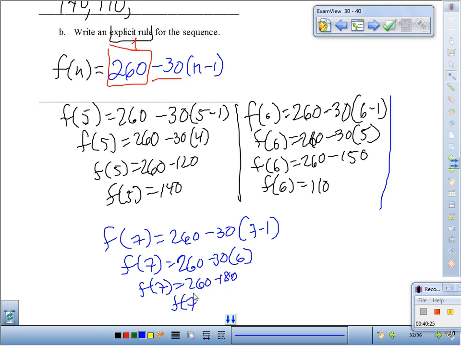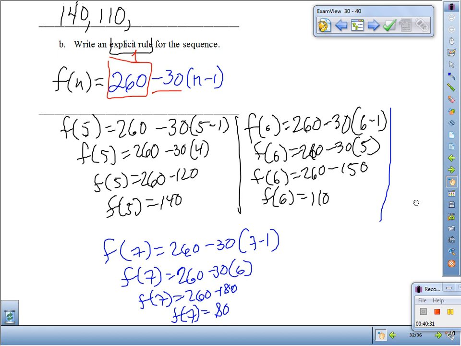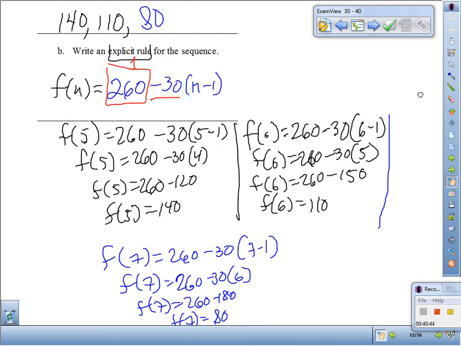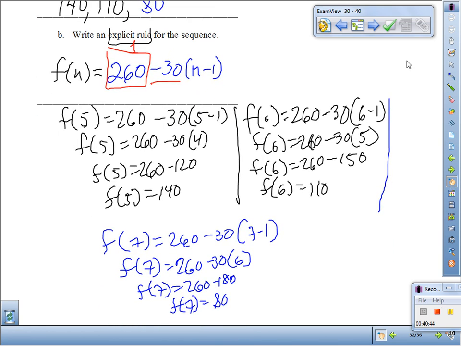F of 7 equals 80. And that goes right there. Hands if you got that. Okay, good. Wait, I got 180. Yeah, minus 180. Take away from 260.